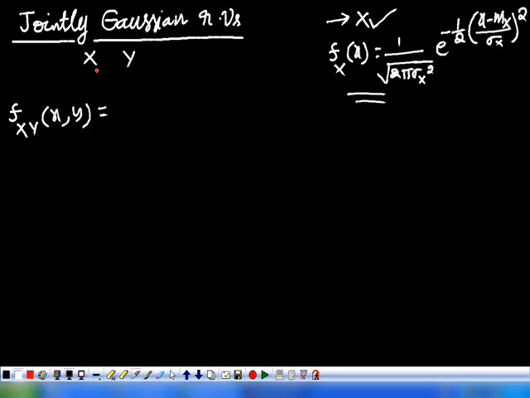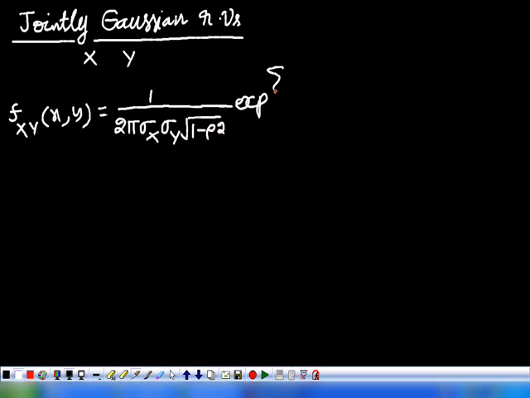Now we let x and y be jointly Gaussian. Then the joint PDF of these two jointly Gaussian random variables is equal to 1 divided by 2 pi sigma x sigma y under root 1 minus rho square. Rho is the correlation coefficient that we already know.